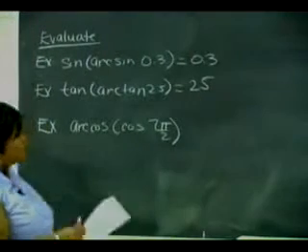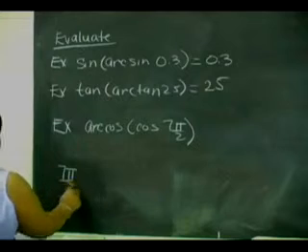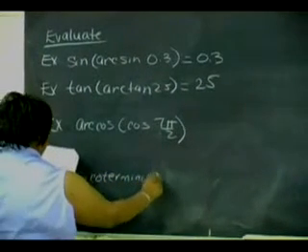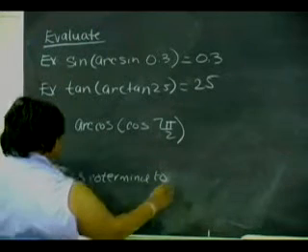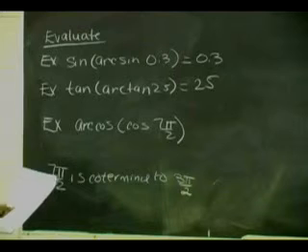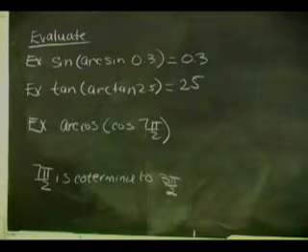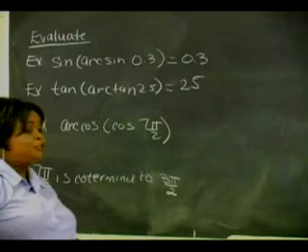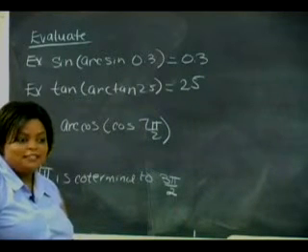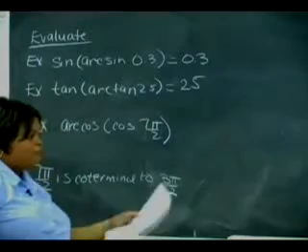She says yes. So let's think about this. 7 pi over 2 is coterminal to what? 3 pi over 2. Okay? It's coterminal to 3 pi over 2, but 3 pi over 2 is not in there either, is it? No. 3 pi over 2 is not between 0 and pi.